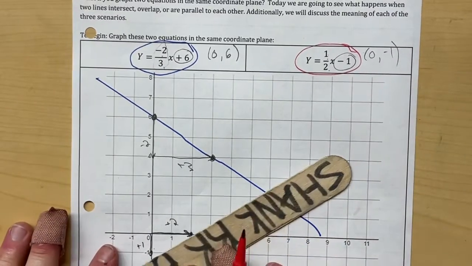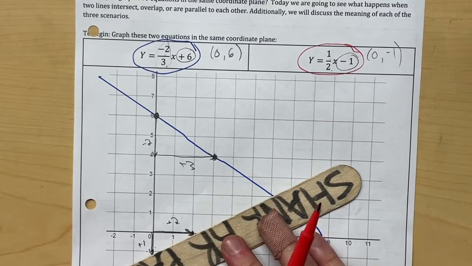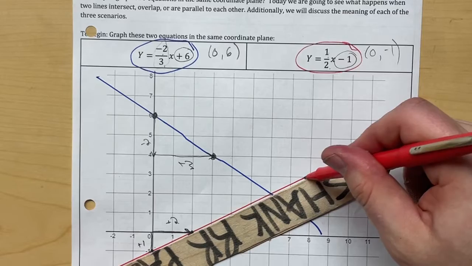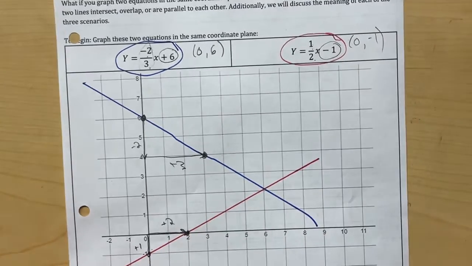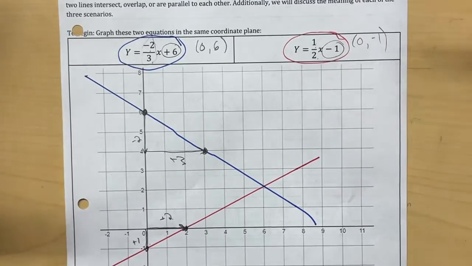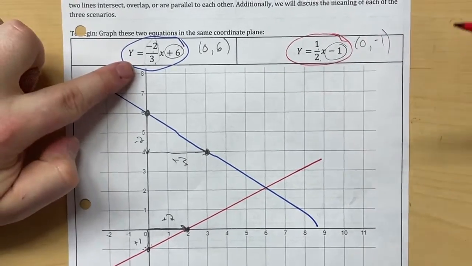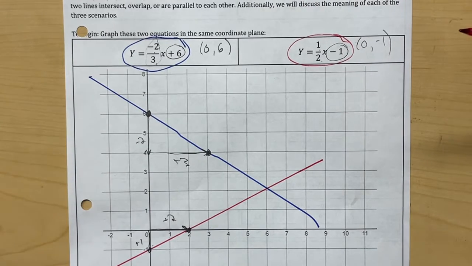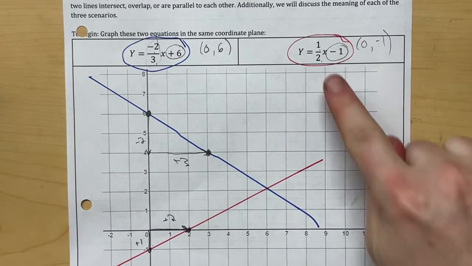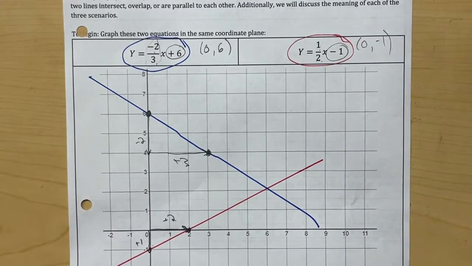And what can I notice about those lines on this coordinate plane? And so if you notice, we can have some things to take out from here. We know that the blue function is going to be a negative slope as it is going down to the right, and we can say the red equation is going to be a positive slope since it's going up and to the right.